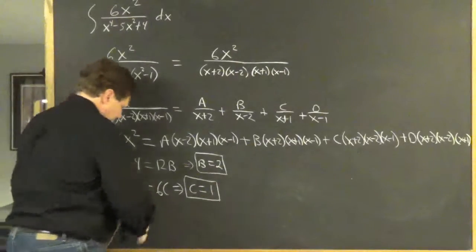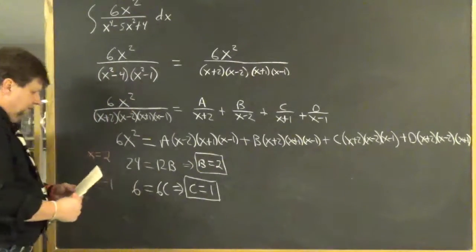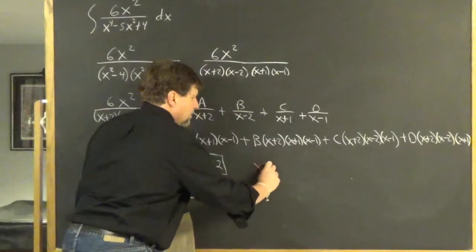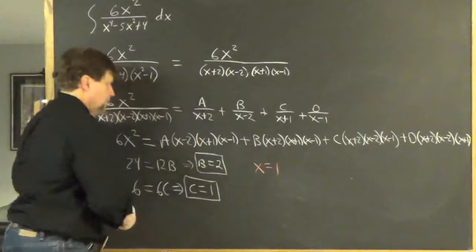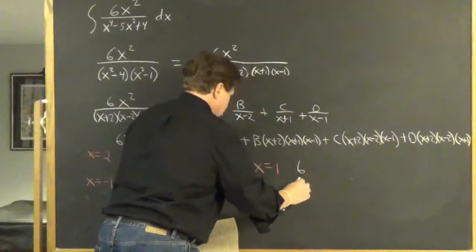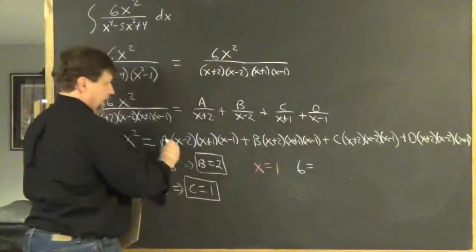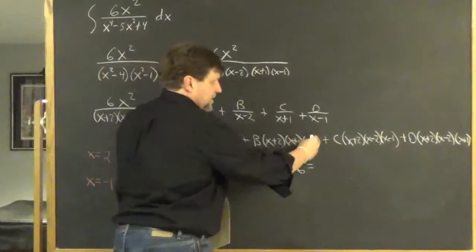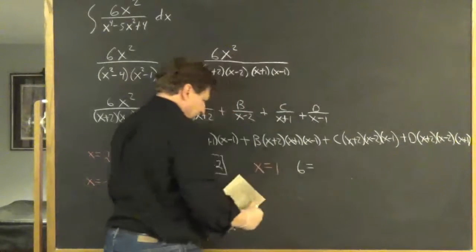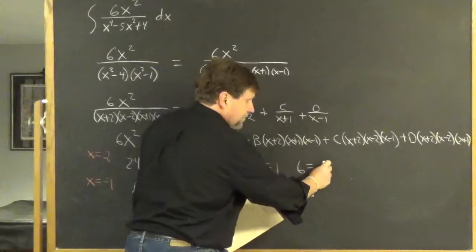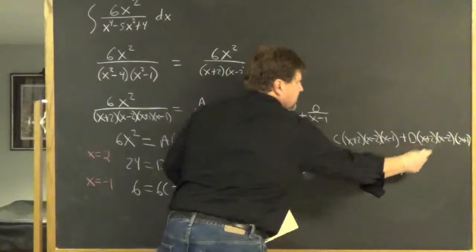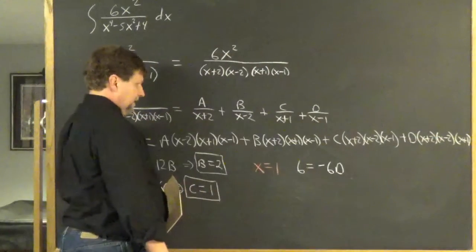The next strategic value I would pick is x equals 1. Then I get 6 equals, the other terms are gone, 3, 1, 2. So I get 6 is equal to negative 6D, because there's a negative 1. So D is negative 1.